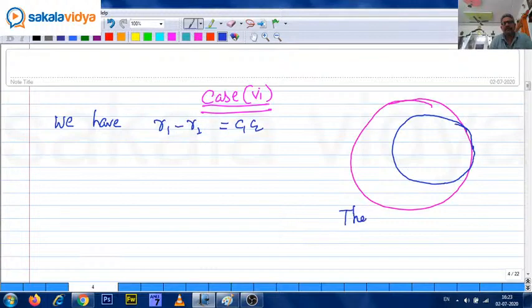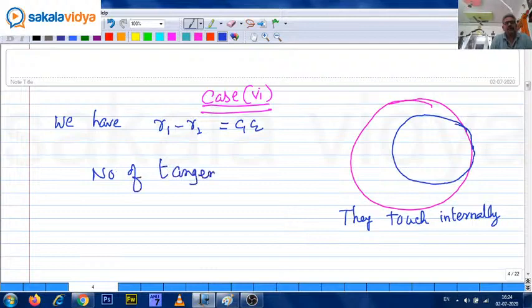Then they touch internally. So the number of tangents is only one tangent that can be drawn. You will be getting 1. Okay, these cases will arise.